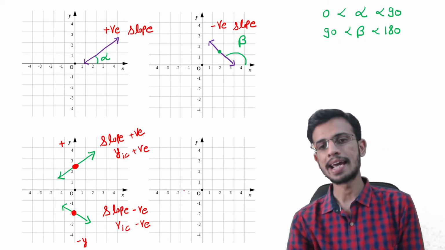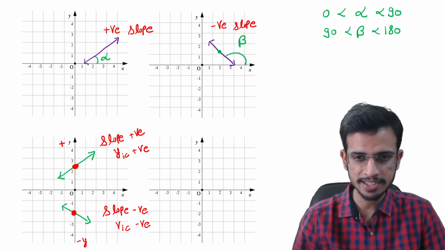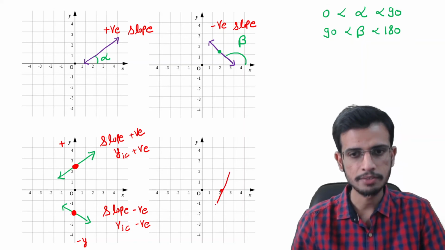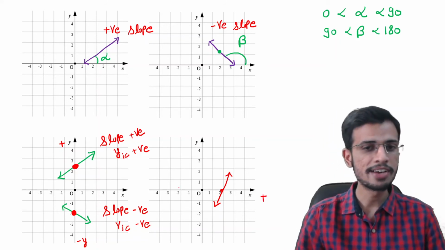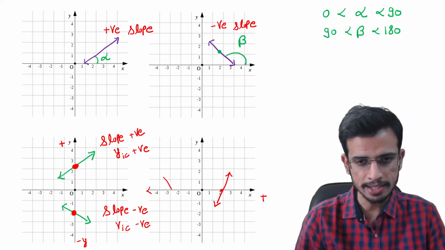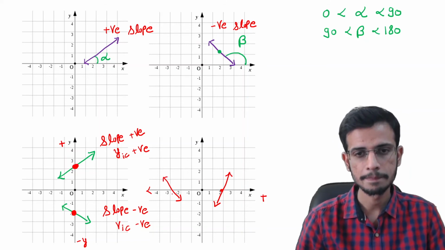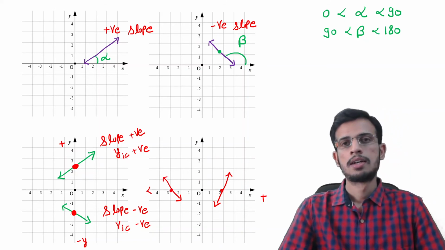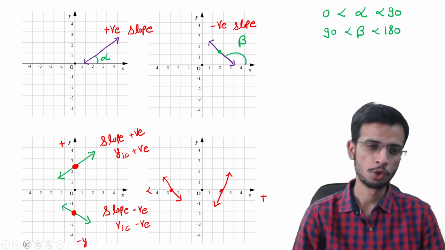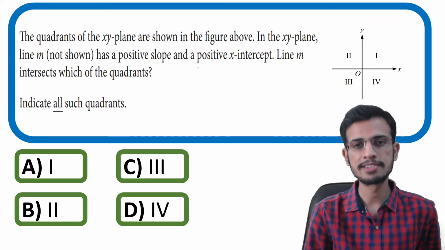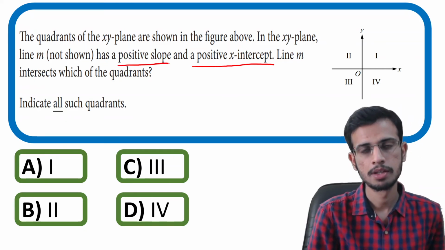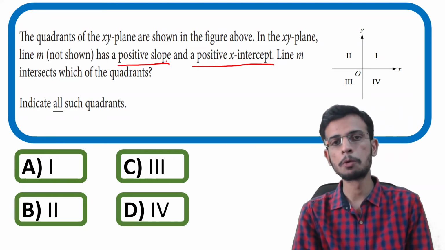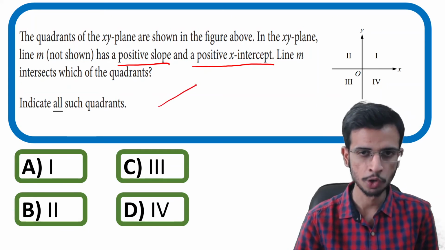You can relate the same thing with the x-axis as well. If a line is cutting the x-axis on the positive side, then we'll say it is having positive x-intercept, and if it is cutting the x-axis on the negative side, then we will say it is having negative x-intercept. So we have to draw one line which satisfies both conditions, positive x-intercept and positive slope.